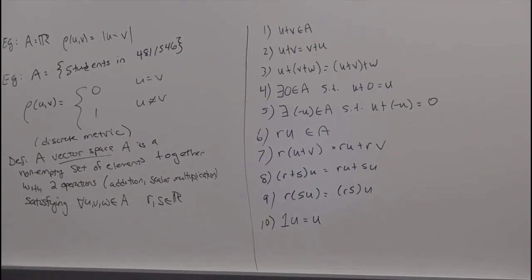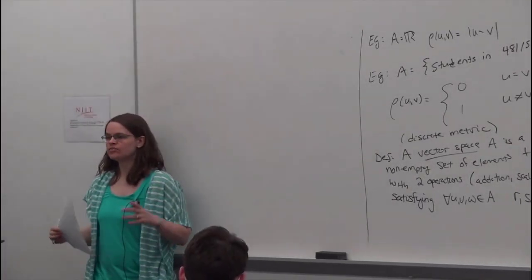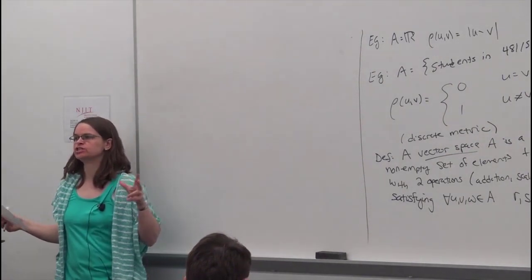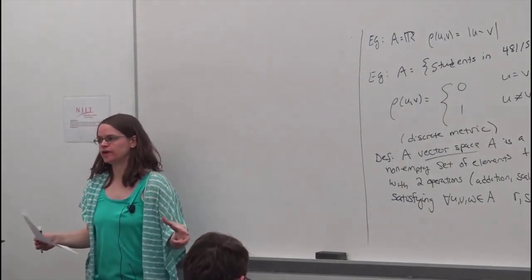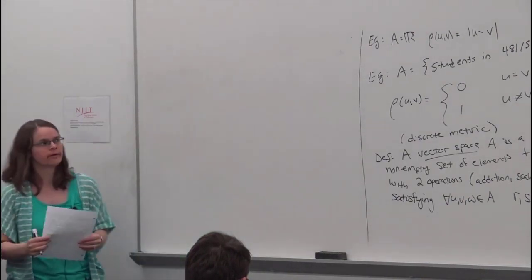Now, we can push a little farther. We can add more structure and say, let's add a norm to this, some kind of function that acts on our vectors and somehow tells us something about the size of our vectors.